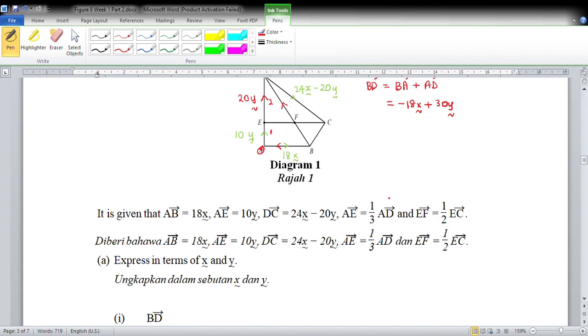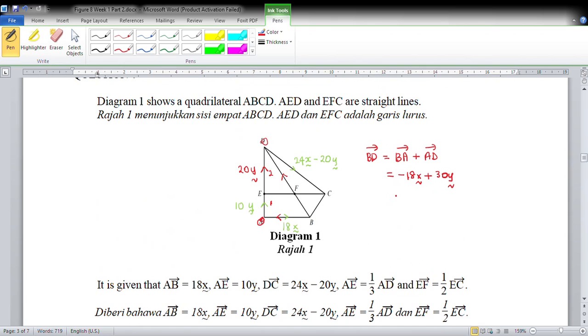Right? What's part 2? Part 2 is EC. So how do we find E to C? Again, how are we going to go from E to C? We can go from E to D, and after that from D to C. Okay, that is going from E to C. So you go E to D, and then you go D to C, right?